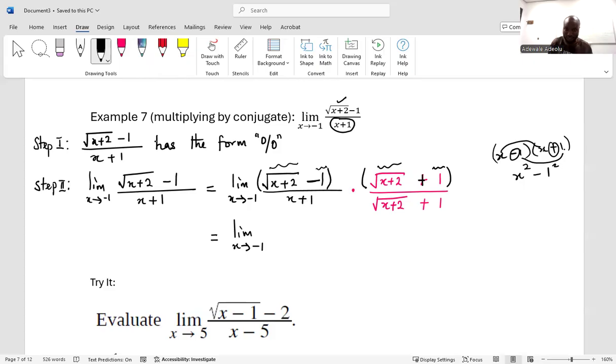So that will be square root of x plus 2 multiplied by square root of x plus 2. Remember, square root of 2 times square root of 2 is square root of 4, which is 2. So here I'm going to have x plus 2, the value of square root of x plus 2 times square root of x plus 2. And then minus times plus, minus 1 times 1, 1.